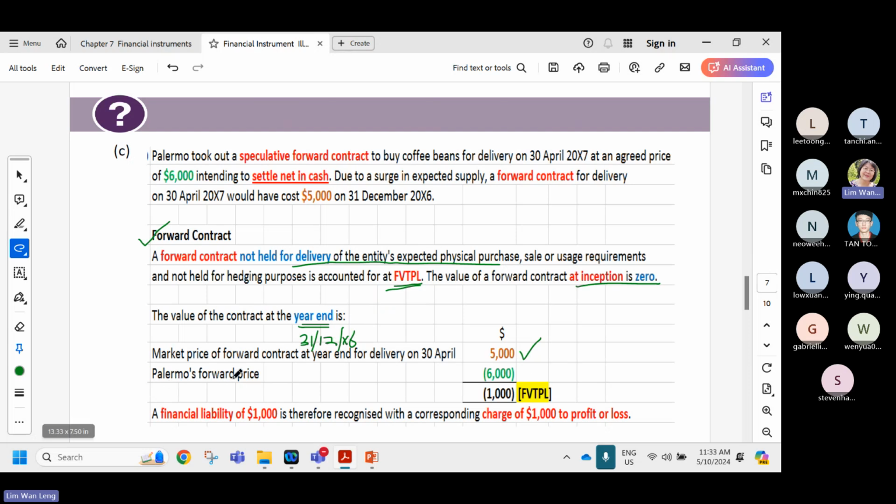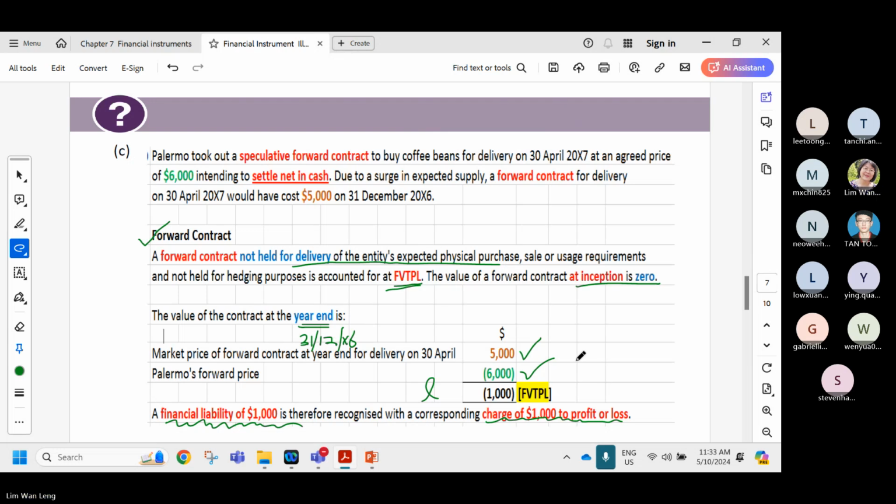But Palermo's forward contract price that they pay is 6,000. They have already paid this. So in other words, the difference is actually a loss. This loss will be charged to the SOPL, and at the same time, you are going to recognize a financial liability of 1,000.